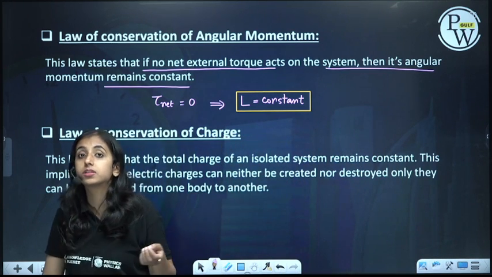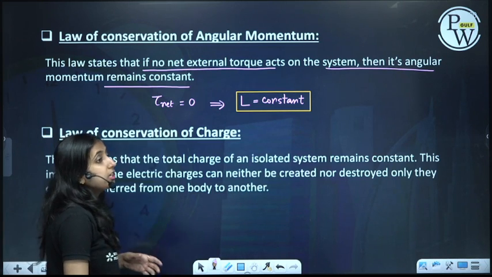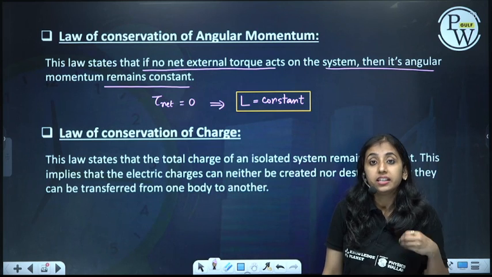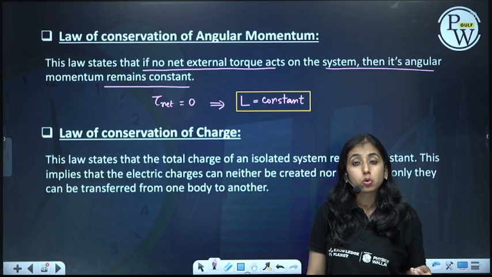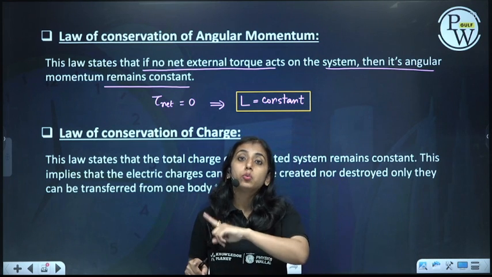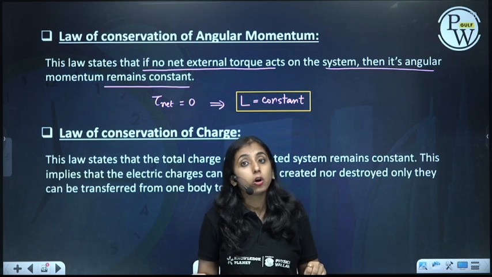Now next comes the law of conservation of charge. Just like energy, if we have an isolated system, neither can we create charge nor can we destroy charge. Charge can be transferred from one body to another, but it cannot be created, it cannot be destroyed.